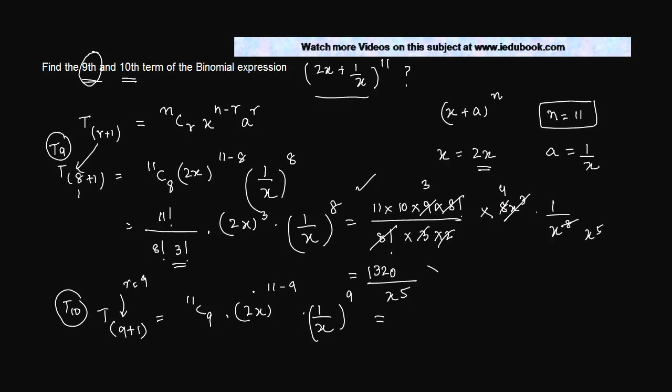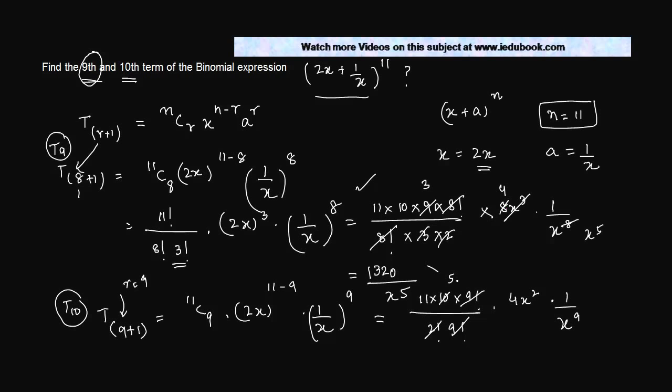Now 11C9 basically will be 11 into 10 into factorial 9 upon factorial 2 into factorial 9. These will cancel. 2 will give 5, into (2x) to the power 11 minus 9, square, 4x^2 into 1 upon x^9.